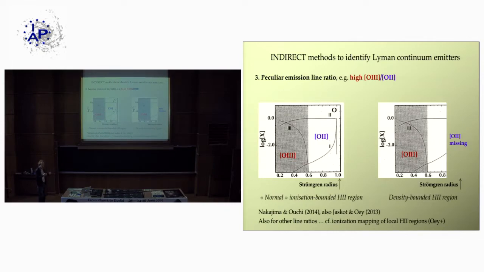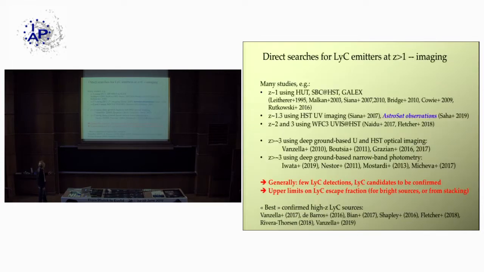But now if there is no gas anymore, or if the stellar population manages to ionize the whole galaxy, you are simply losing the outer parts of the region. Lyman continuum photons can escape, and what this would do is you would simply miss some of the O II emission, and therefore the O III to O II ratio would be higher than usual. This is a very simple and probably naive picture, but anyway, it's interesting to see if that works.